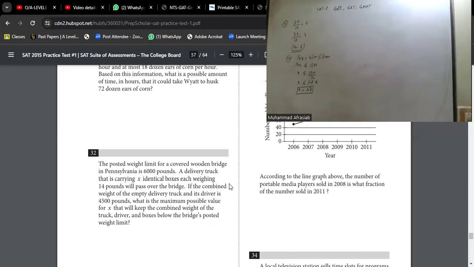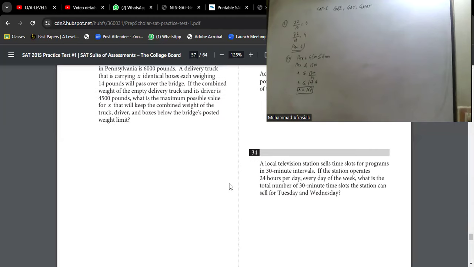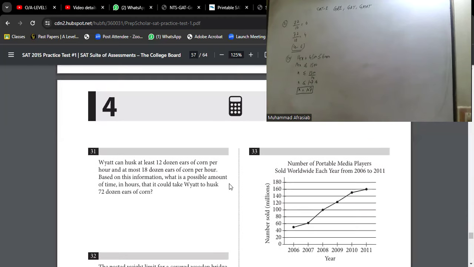Question now 33. The number of portable media players sold worldwide each year from 2006 to 2011.